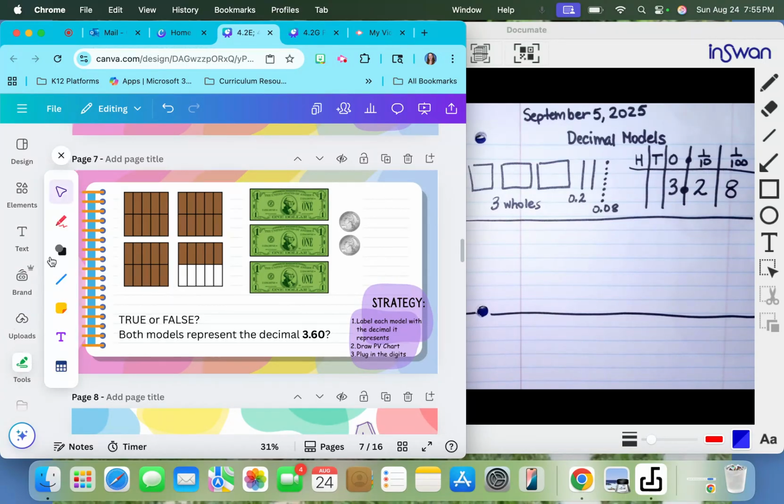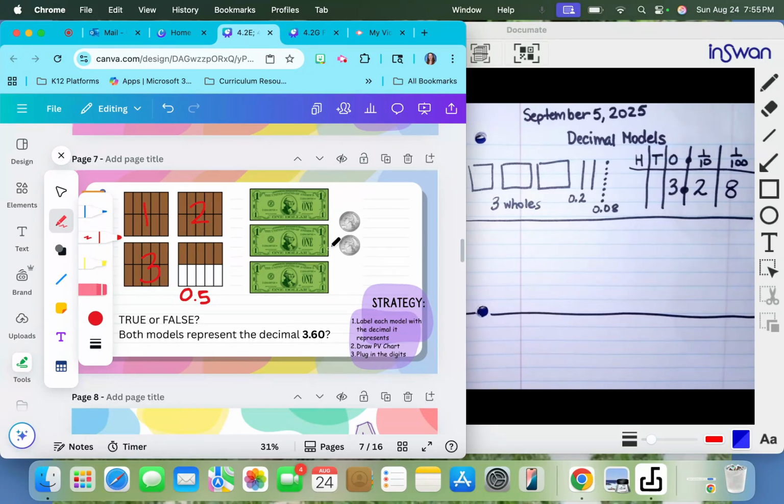How many wholes do I have? 1 whole, 2 wholes, 3 wholes. And then how many tenths do we have? 1, 2, 3, 4, 5. So this represents 5 tenths. Now we have labeled this decimal number.